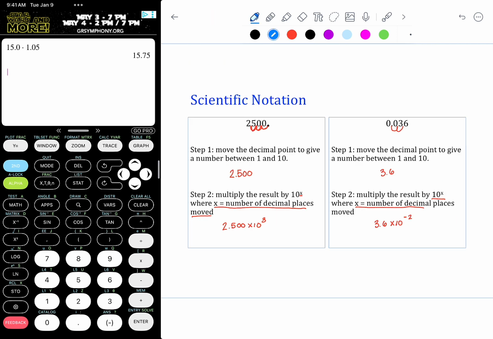Let's make some rules. So if we move the decimal to the left, the variable x must be positive.